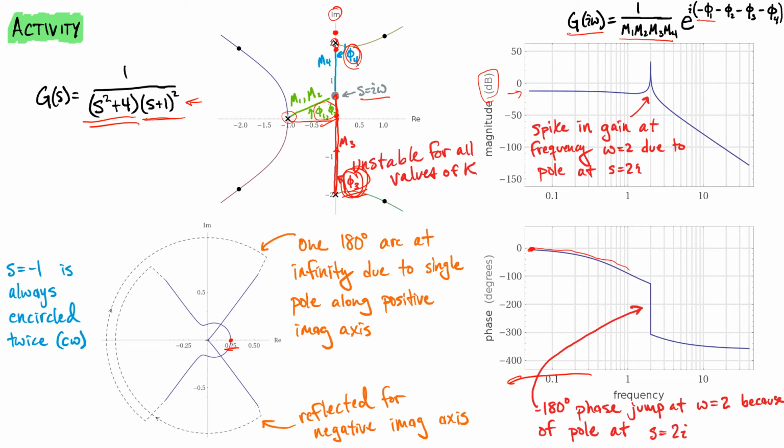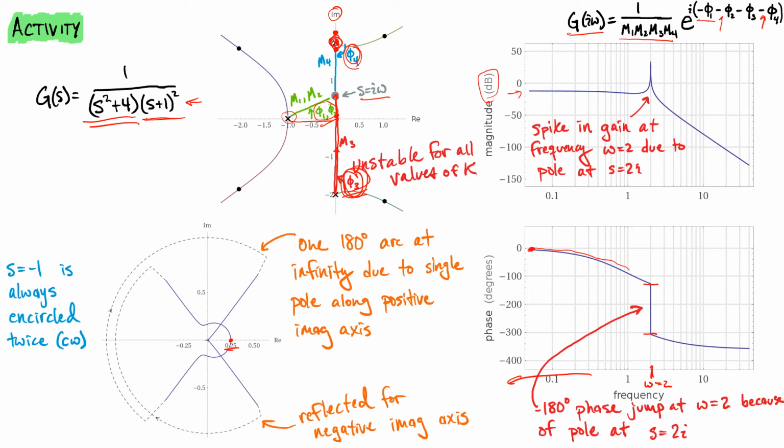Going from minus 90 to plus 90 is a whole sweep of 180 degrees, and it's 180 degrees in the negative direction because phi4 enters with this minus sign. That's what accounts for this 180 degree jump, and it happens at exactly the value where omega is equal to 2, because this point right here is when omega is equal to 2.